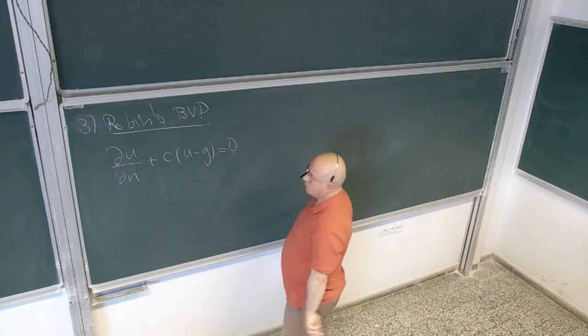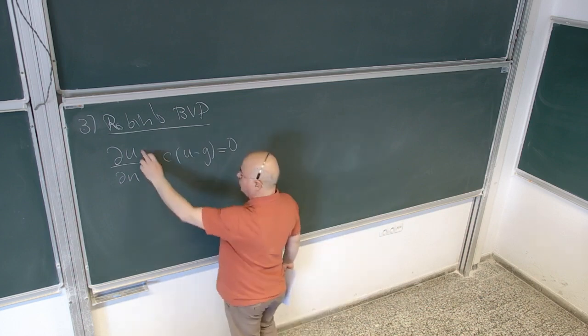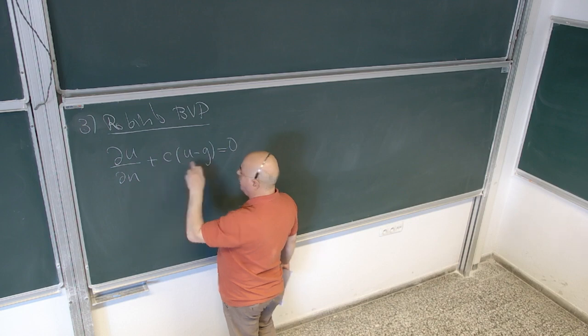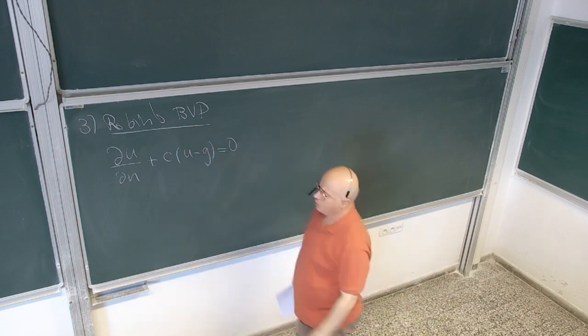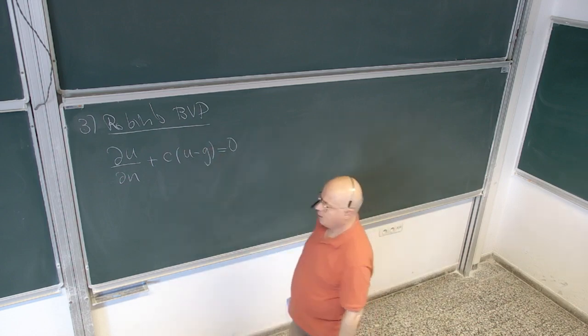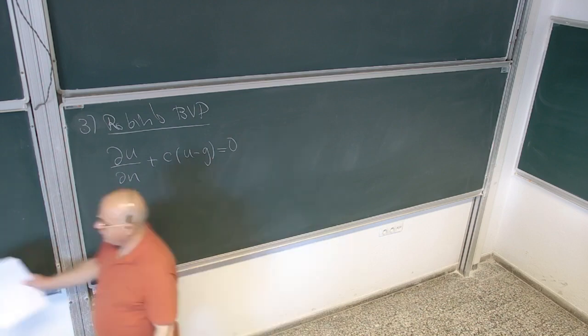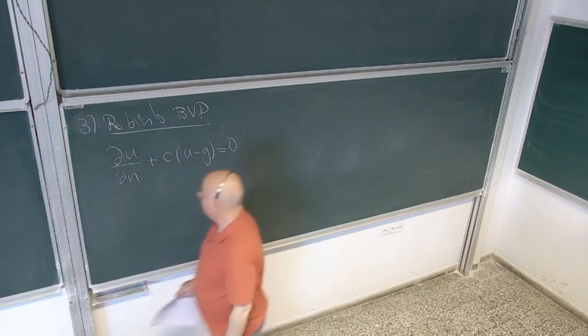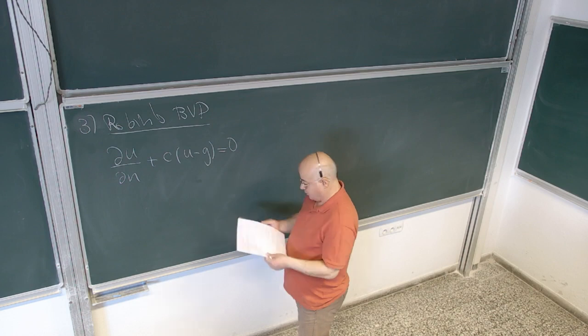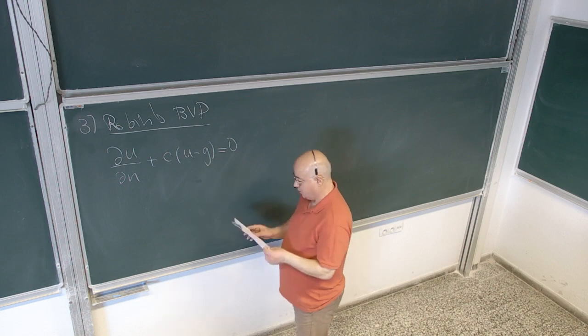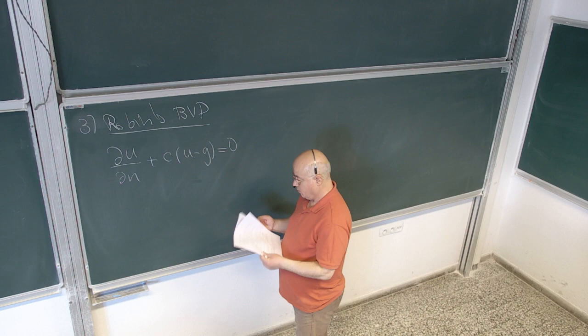We have a mixed condition. The derivative plus the value of u has to satisfy a condition like this. So it's a combination of the two. This is called the Robin boundary value problem.